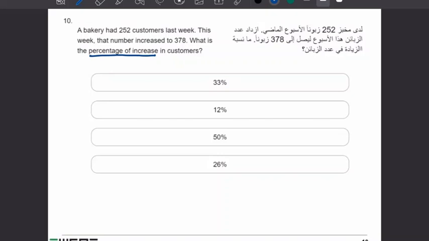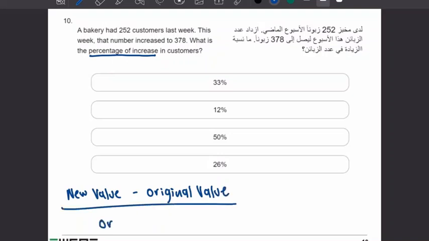And there's a certain formula that you can follow for the percentage increase, which is basically the new value minus the original value, divided by the original value, multiplied by 100.